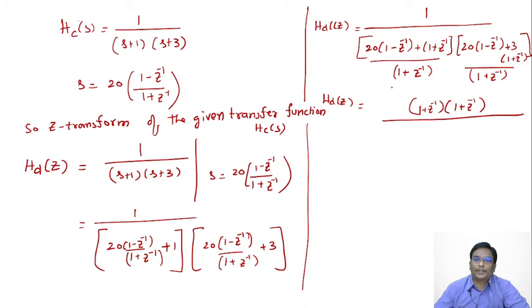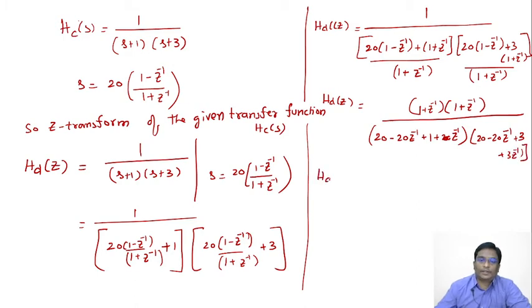Here 20 minus 20 Z inverse plus 1 plus Z inverse. Second function, 20 minus 20 Z inverse plus 3 Z inverse.